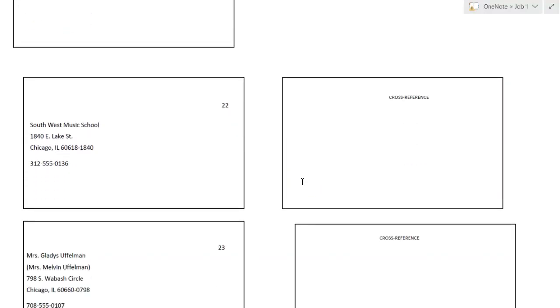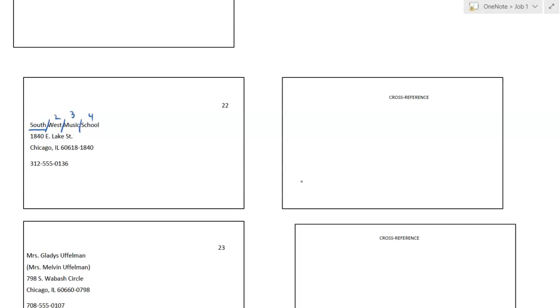Okay, for card 22, we have Southwest Music School. So South is my key unit, West is unit 2, Music is unit 3, and School is unit 4. Okay, and I do need to create a cross-reference. This is going to be a similar name, and recall that with similar names such as Southwest or directionals, there are two different ways that we could have spelt this out.